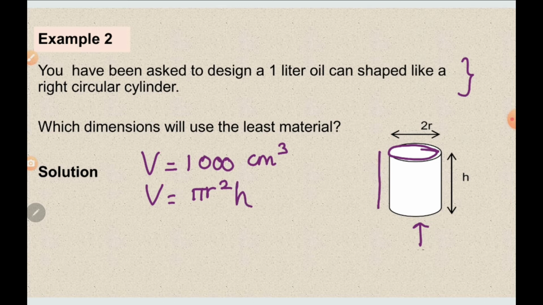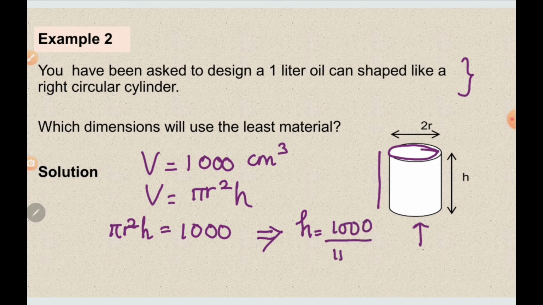Therefore pi r squared h is equal to 1000. Okay, then you can simplify. Maybe we will get h as the subject, in terms of 1000 over pi r squared. Okay, so we will use this equation later.